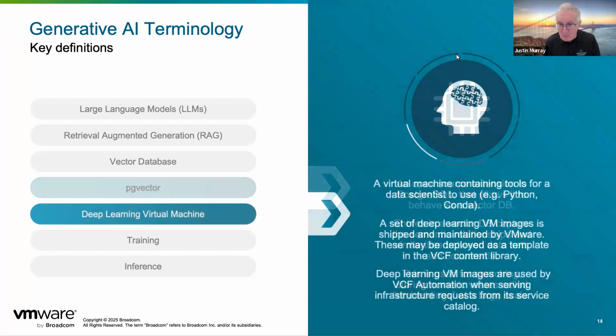Now we move into the VMware side of it. So we have technology that allows you to provision special kinds of virtual machines called deep learning virtual machines that contain tooling that we've placed in there already. We ship you a virtual machine image with private AI containing Python, the language really that all data scientists are using, and Conda to manage that, and various other things as well, already in the VM.